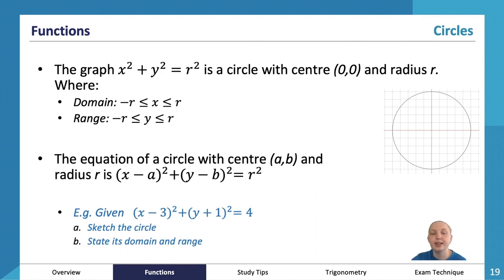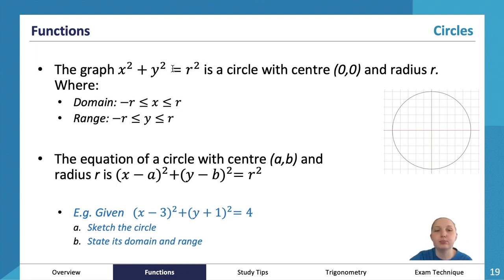So circles have a very distinct equation, and you'll be able to pick up the equation of a circle really easily. They exist in the form x squared plus y squared equals r squared, or alternatively as x minus a squared plus y minus b squared equals r squared. So this is your basic equation of a circle.